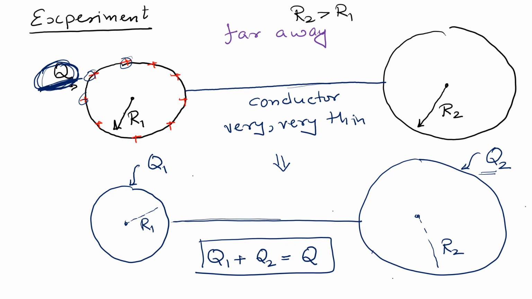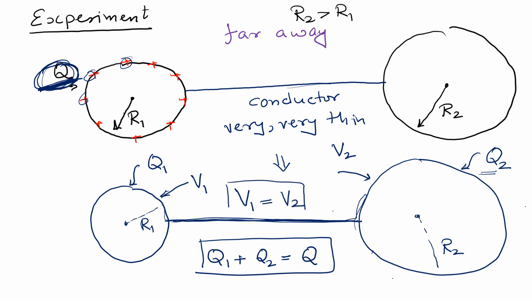When both these spheres are at the same potential. Remember, this has become a single conducting position. So the potential which is here, V1, and the potential which is here, V2, those potentials have to be equal.